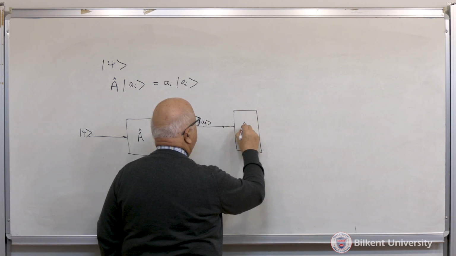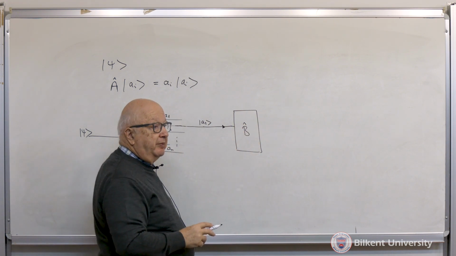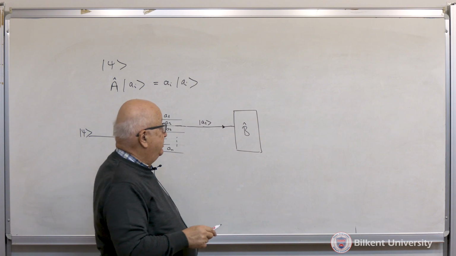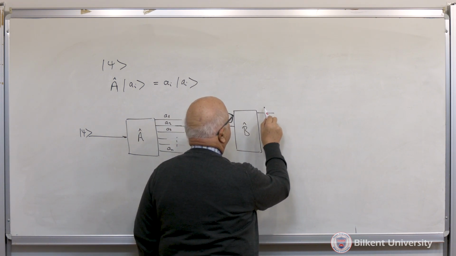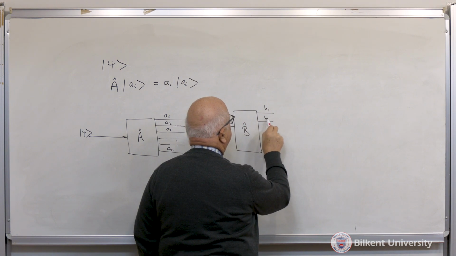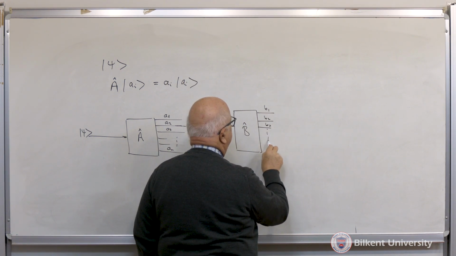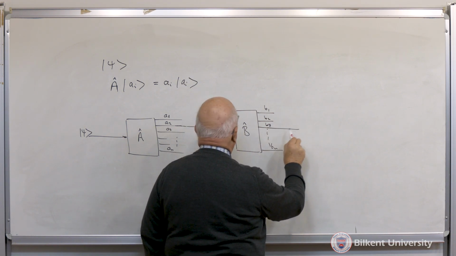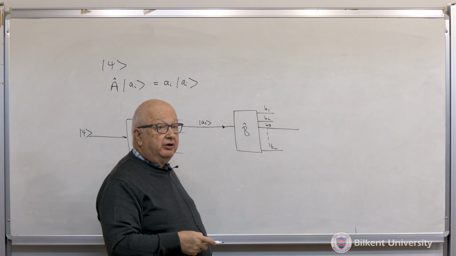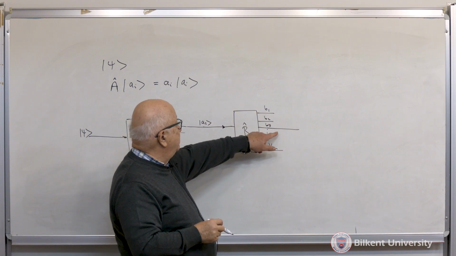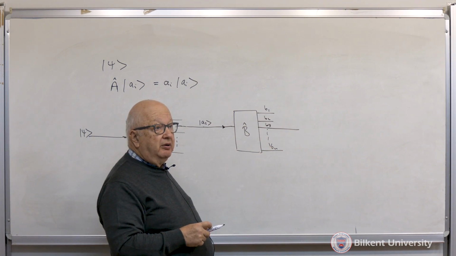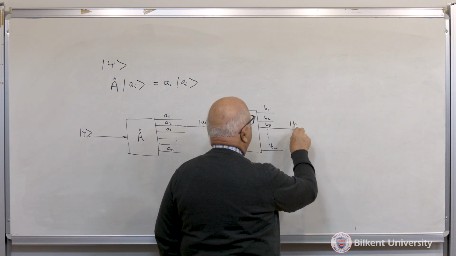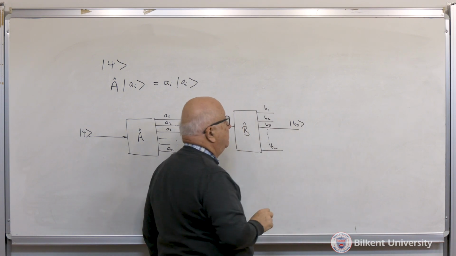Now I'm going to measure the parameter B. This B itself is going to have, in general, its own eigenvalues. So I have here B1, B2, B3, etc., up to some Bn. And when I measure this, I find out perhaps that the value of the B measurement gives me B3, but now the state of the system has collapsed into this B3 state.